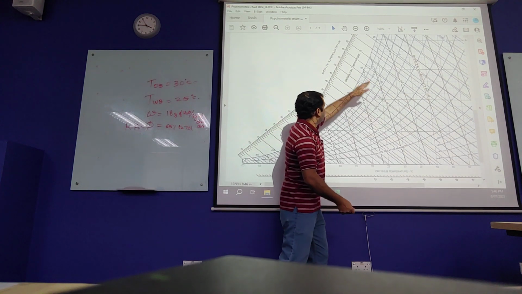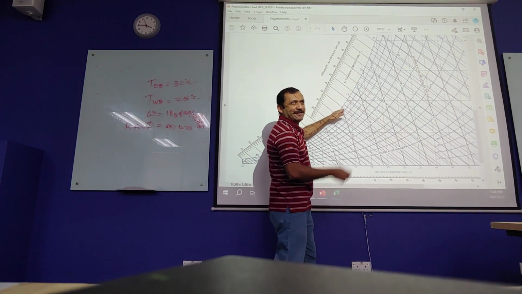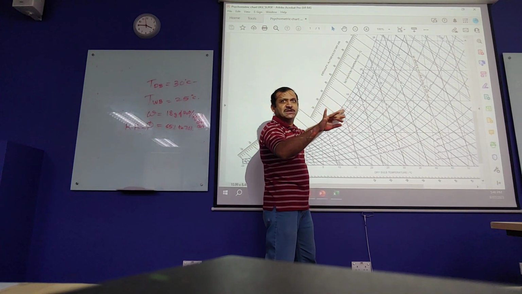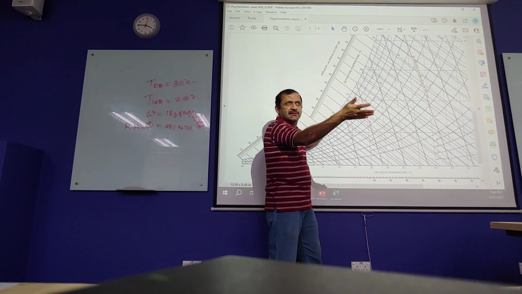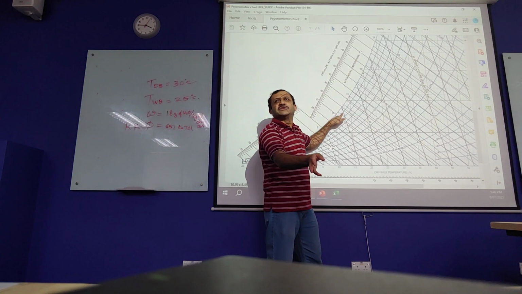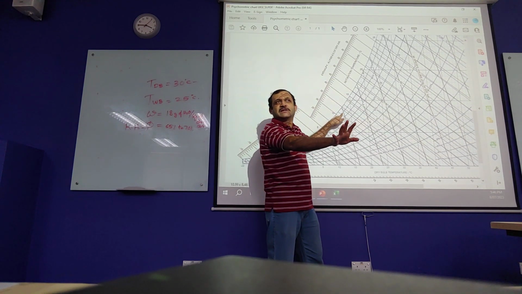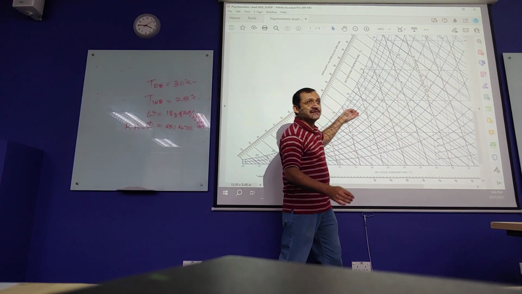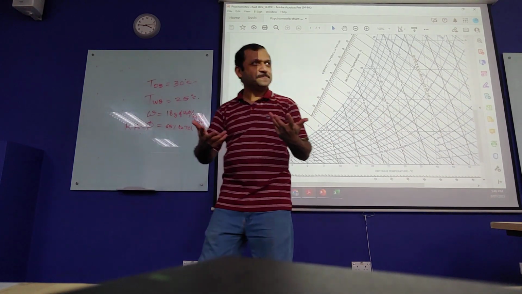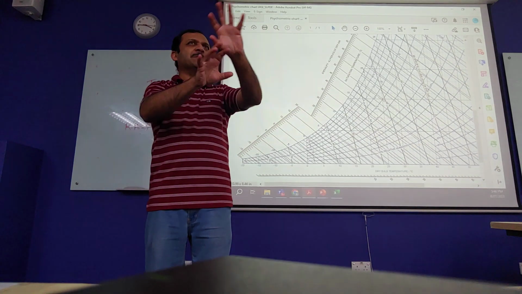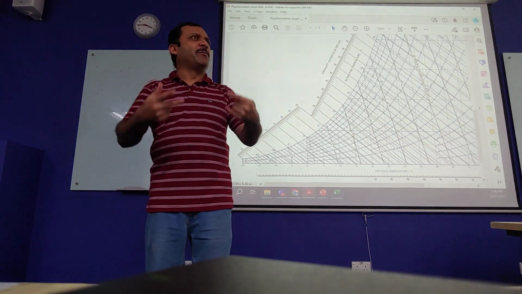So you cool, stop. You're going to write code saying, once the temperature of air reaches 14, shut off the cooling and turn on the heater. Makes sense logically? That was a simple logic, but there will be a lot more complicated logic.